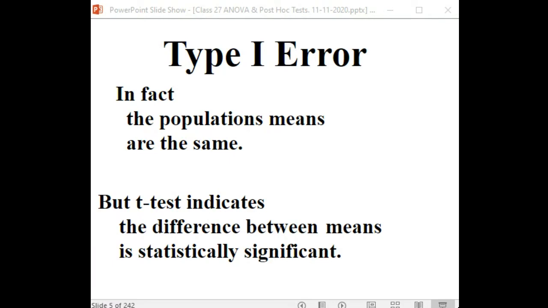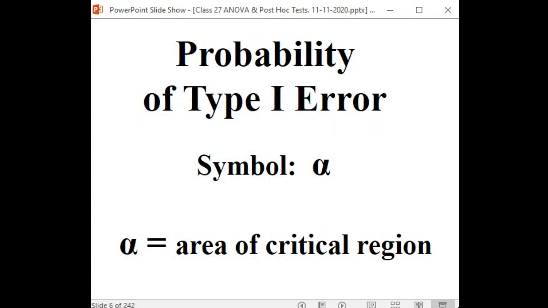Now, whenever we use a t-test, there's a risk we'll make this kind of error. The probability that we'll make this kind of error is represented by the Greek letter alpha. Alpha is also the area of the critical region when we do a t-test.